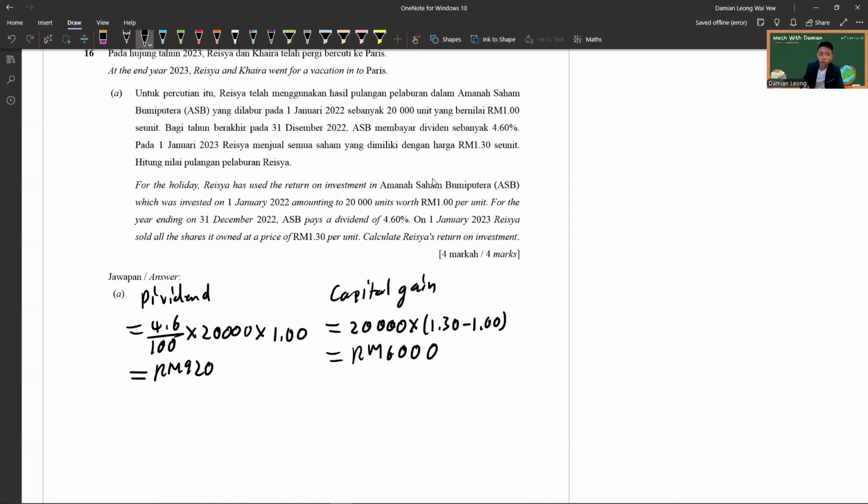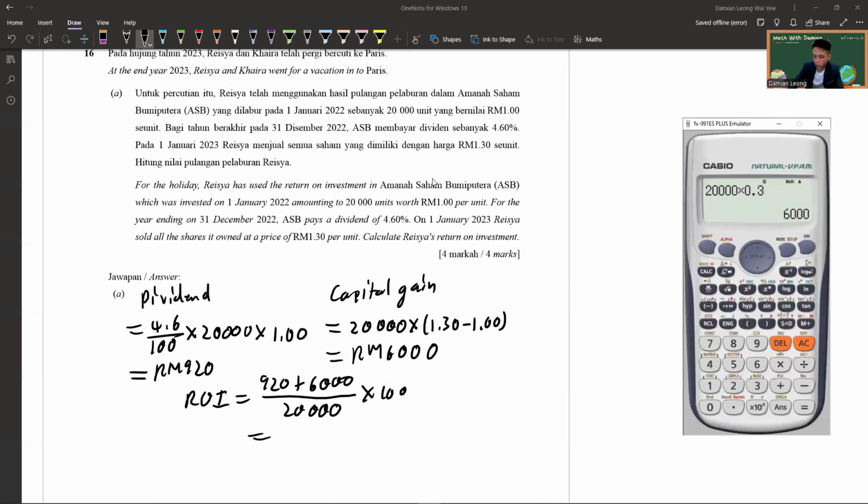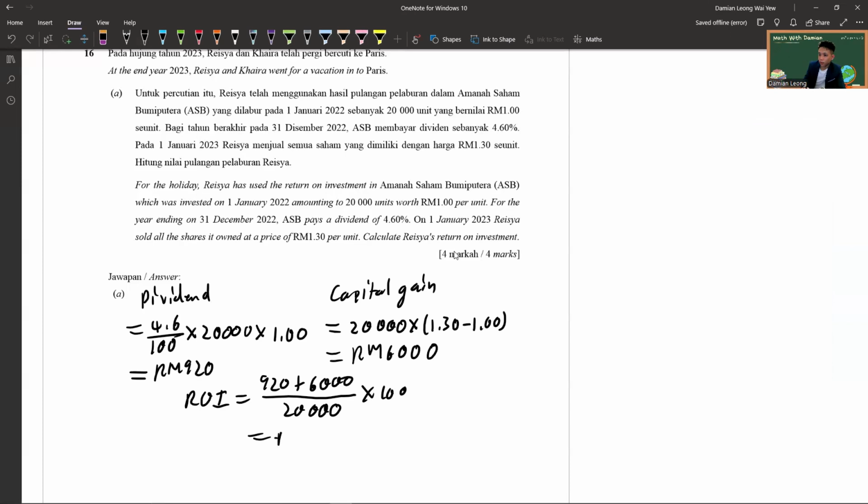So the return on investment is the total returns, 920 plus 6,000, over the cost of investment, which is 20,000 times 1, so 20,000. Then times 100 to put it as a percentage. So 6,920 over 20,000 times 100, which we get 34.6%. Yeah, that's its return on investment.